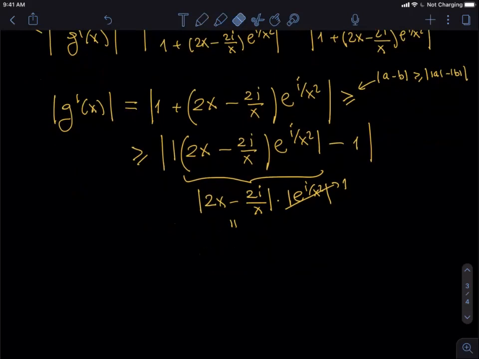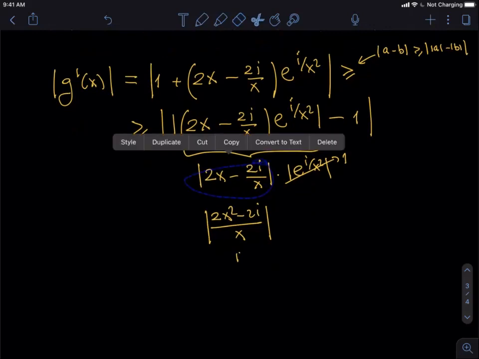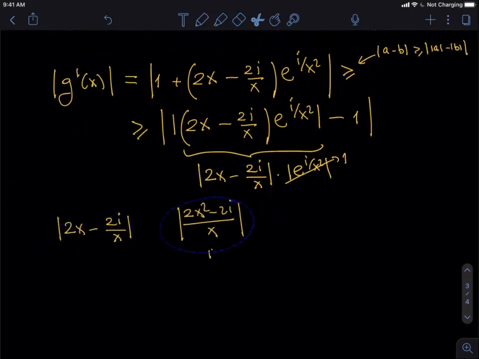Sorry about that. So this is 2x squared minus 2I divided by x. Let's write the whole thing. How will this look better? Let's move it over here. There we go. Sorry about that.